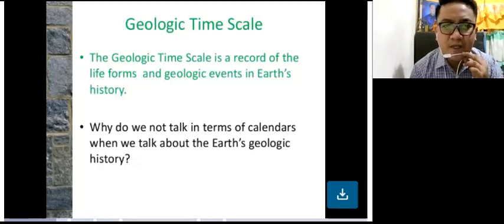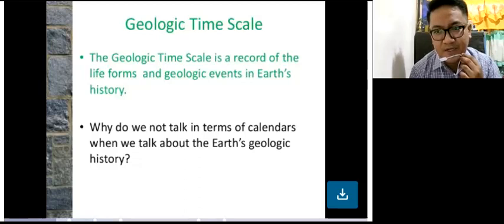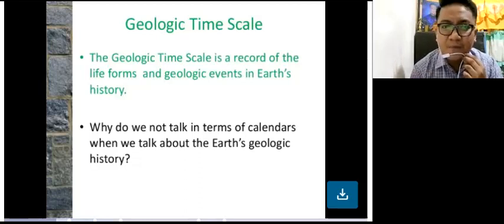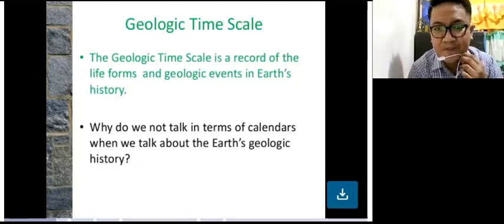When we talk about the geologic time scale po, it is a record of the life forms and geologic events in Earth's history. Actually po, nasa Q2 SIM number 6 po yan. Last lesson po natin yan sa Earth Science. Pero na-touch na po dito sa atin third to the last lesson po, we have to think what is the different concept history when you hear the word stratified rocks po.